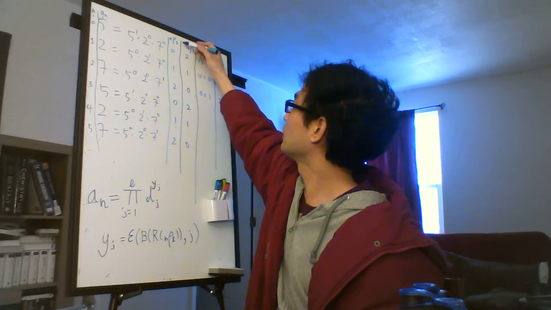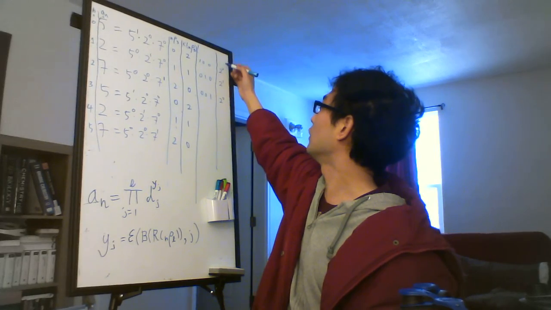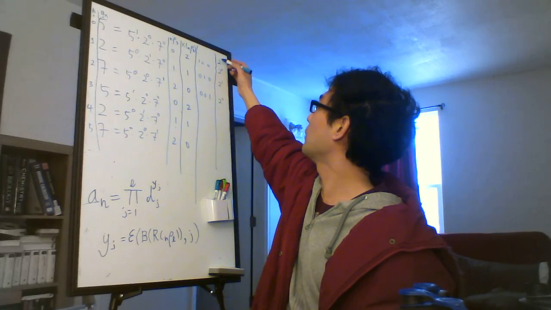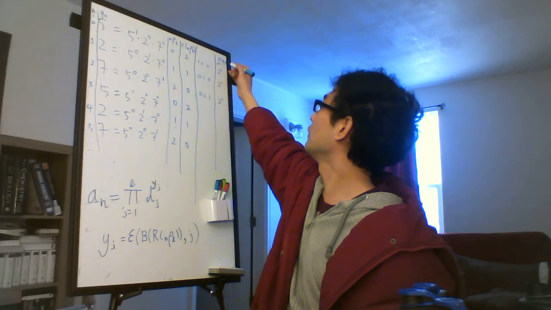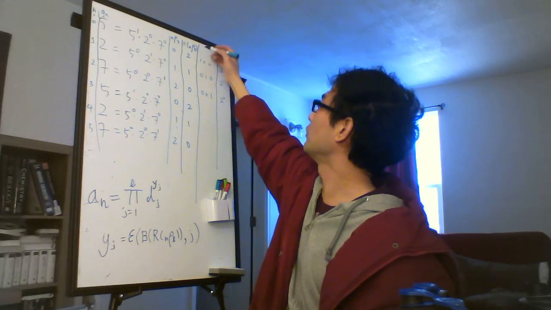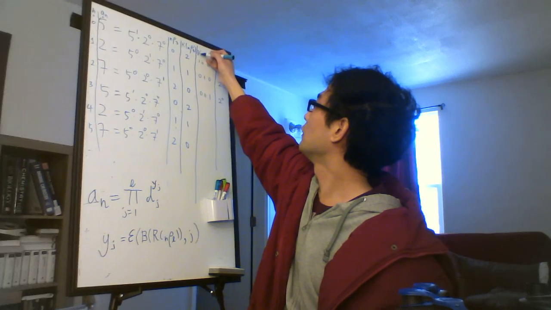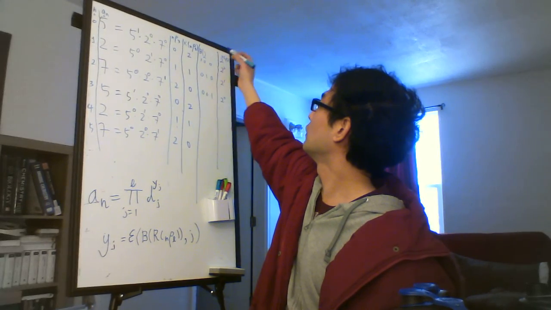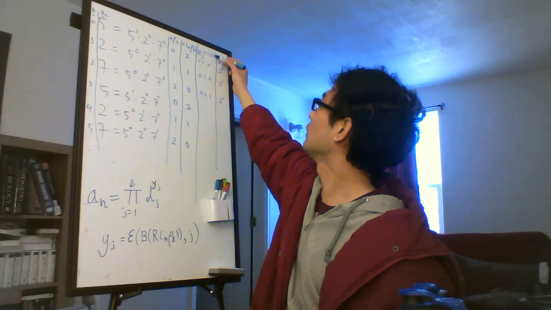Right, so k for complement. Okay, so this guy is 2 to the complement of n row 3. And this guy is the binarification of this guy, 2 to the complement of n row 3.